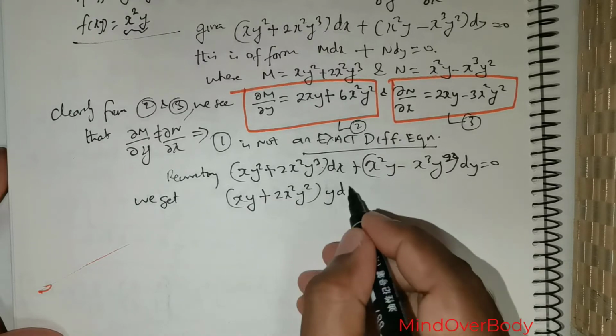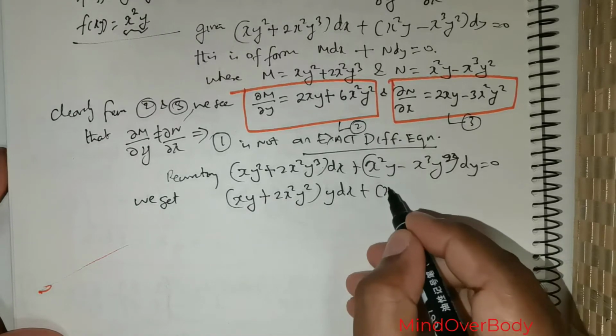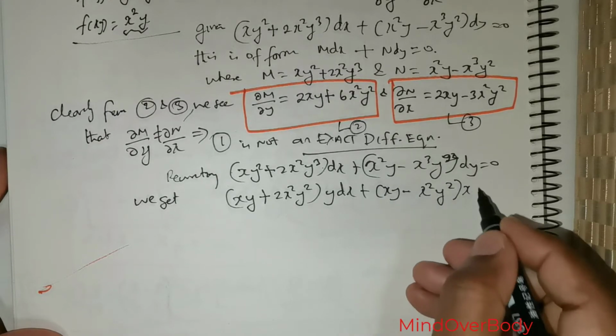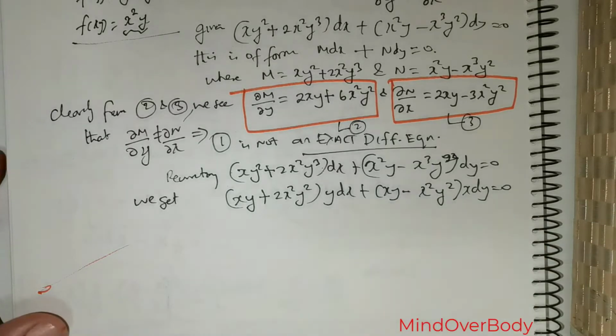Taking a y out, it's (xy + 2x²y²) y dx, and taking an x out, it's (xy − x²y²) x dy = 0.